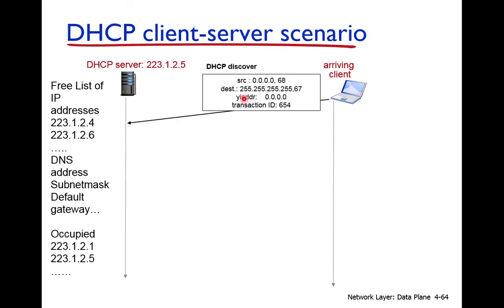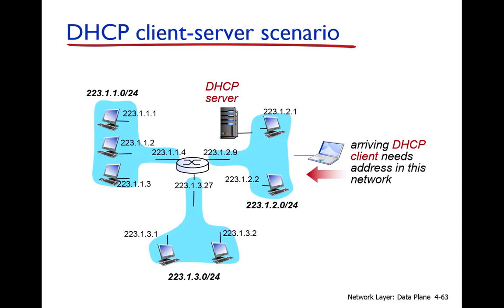Okay, so it is basically broadcast. When it is broadcast, it will be received by all the nodes in the network. You can see that when this message is broadcast by this machine, it will be received by this machine, this machine, this machine, as well as by the DHCP server. You can see that the DHCP server is only running on this machine.